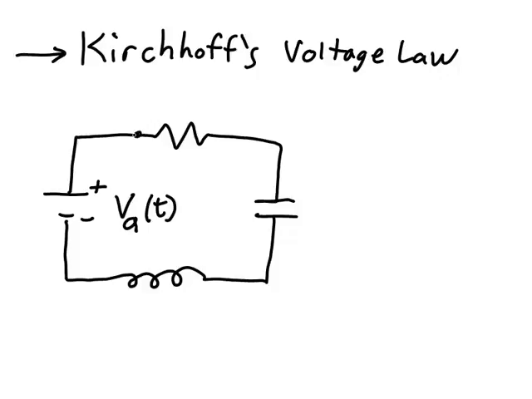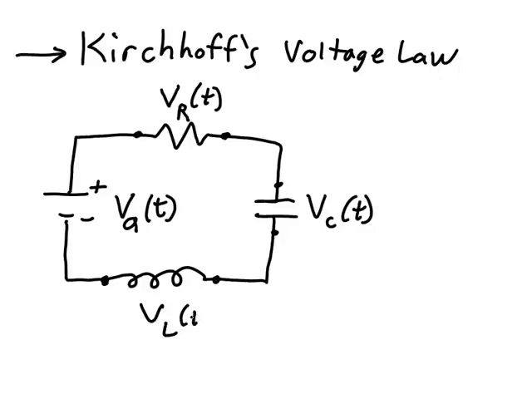The voltage lost in each of these elements will change over time, as we saw when we were analyzing the elements. Let's call this the voltage lost in the resistor at time t. And let's call this the voltage lost in the capacitor across these 2 points at time t. And here we'll call this the voltage lost in the inductor at time t.